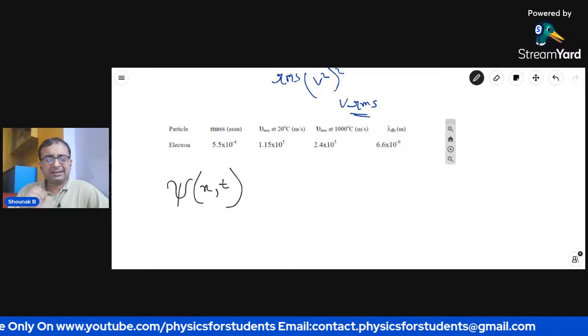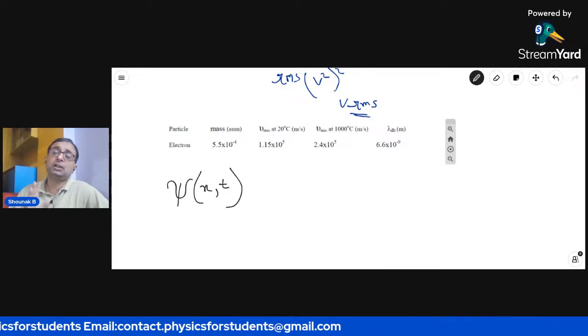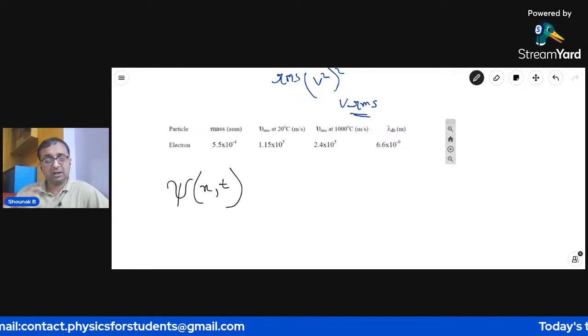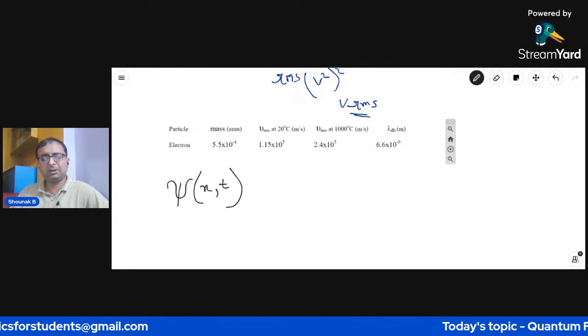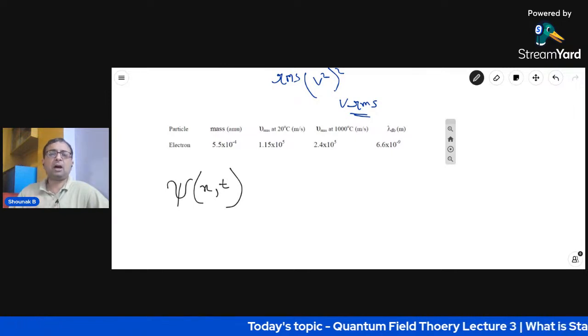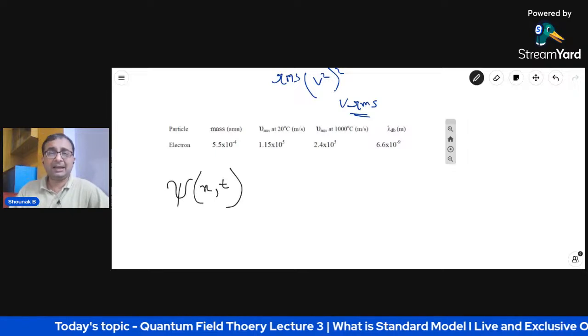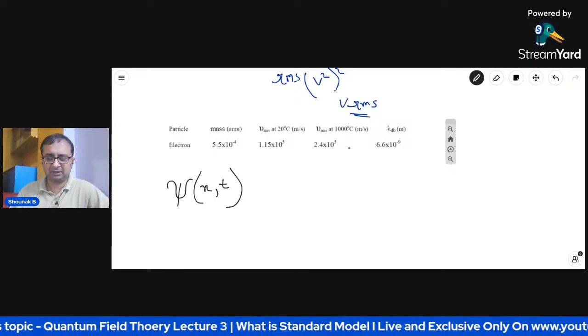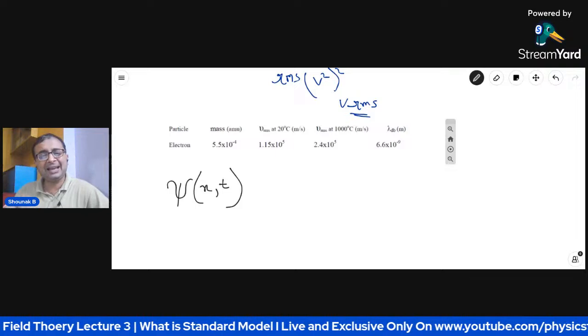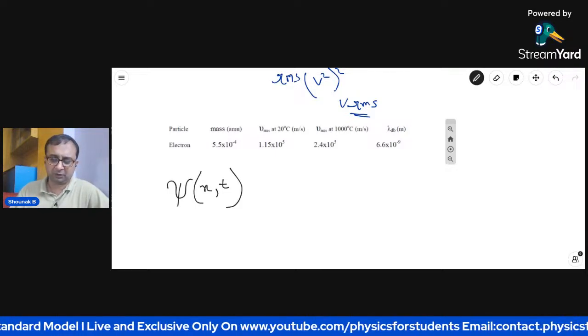So we use this psi of x comma t to represent the one dimension electron distribution function. Remember, we are taking one dimension because our basic objective in this case is to show how the Schrodinger equation is a kind of essence of a classical nature.